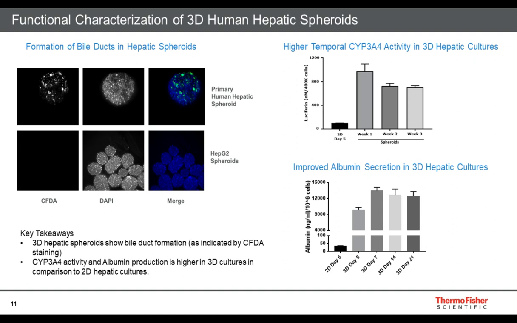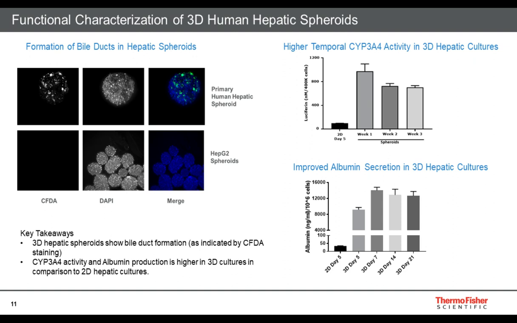The lower row is hepatic cell line, HepG2, which does not form bile ducts, bile canaliculi. So that's our negative control for CFDA staining. DAPI just to show spheroids are there. And then you can see the co-staining in the merged image.